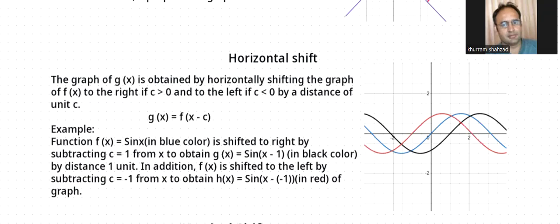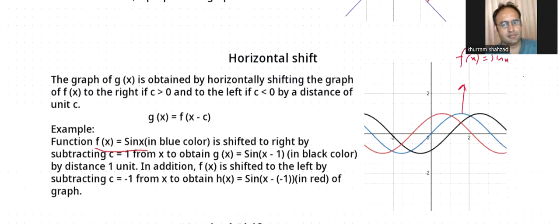So this is an example of this function. f of x is equal to sine x in blue color. This is the graph of function f of x equals sine x in blue.